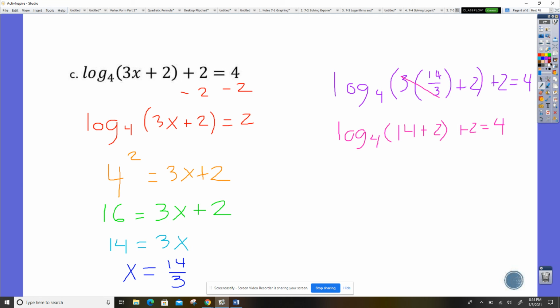I'm going to do two things with this next step. I'm going to combine the 14 and 2, and I'm going to bring this other 2 to the other side. So that gives me log base 4 of 16 is equal to 2. Then if I convert that to exponential, 4 to the power of 2 is equal to 16, and that checks out. So my answer is, in fact, 14 over 3.